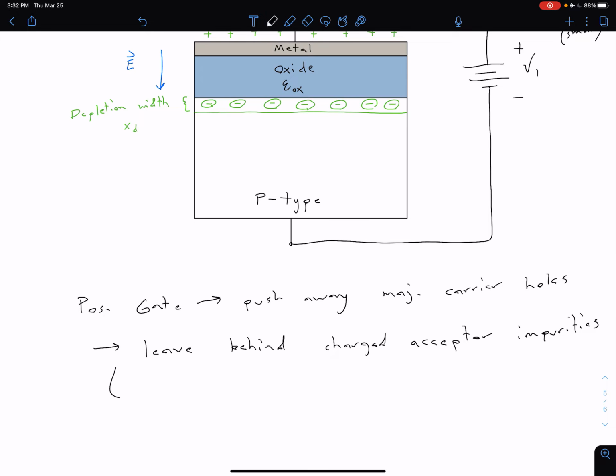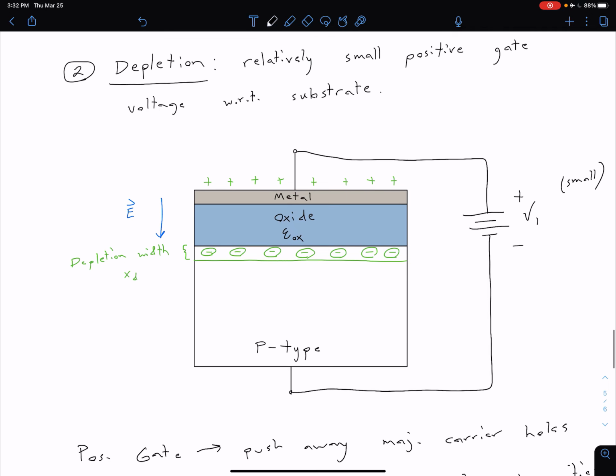We can make a note here that those are fixed in the lattice, so they cannot move. Ultimately what that creates is a region where we don't have any mobile charge carriers, and we call that a depletion region, and hence the name depletion operation mode.